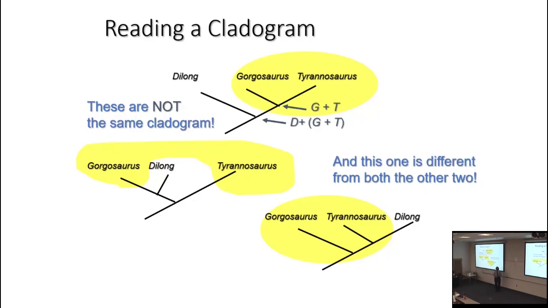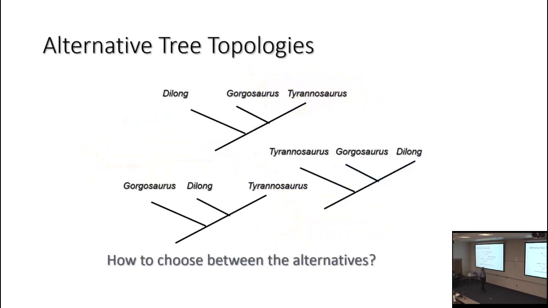It changed systematics from sort of an opinion to science, to a method of hypothesis testing, by explicitly stating what the hypotheses you were going to test were. It also provided a methodology to do those tests, and that's what we're going to get to next. So, three mutually exclusive alternative tree topologies. So, for mathematics, tree shapes. How do we choose between them?